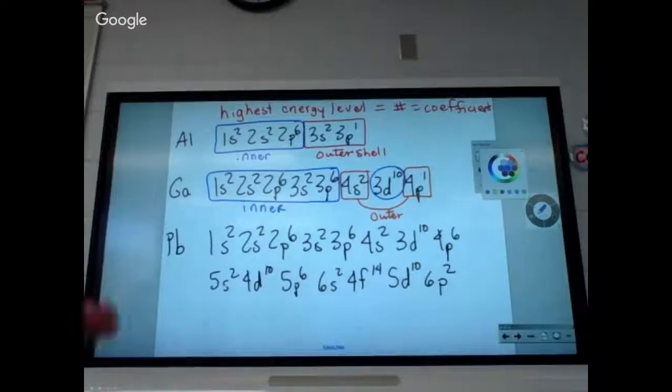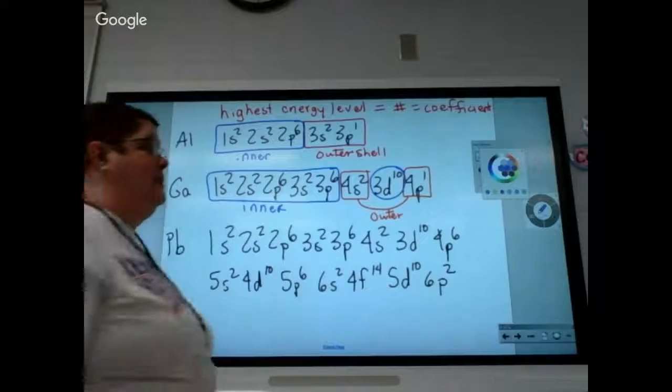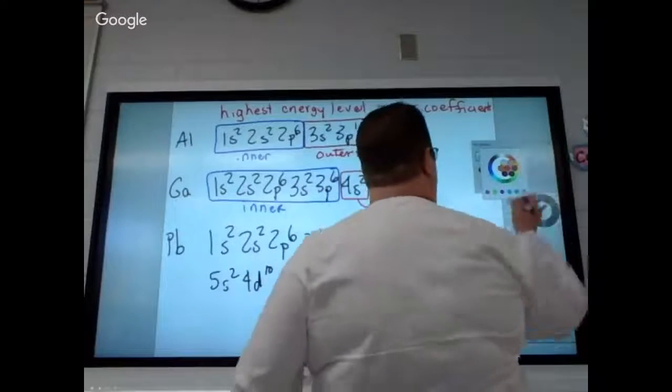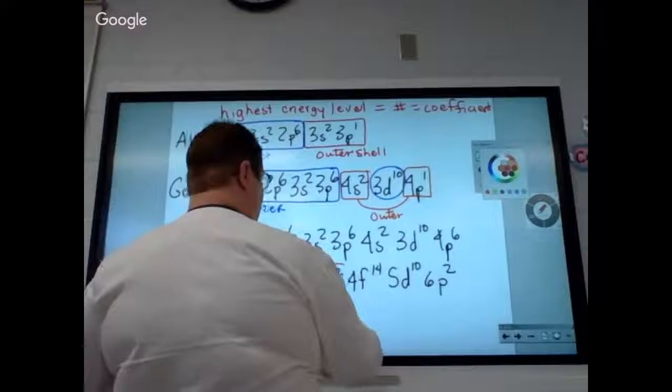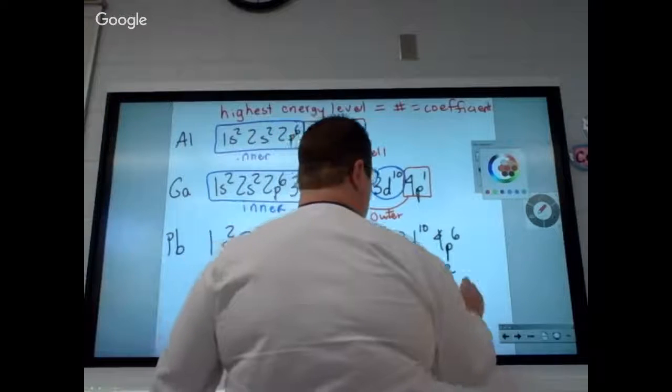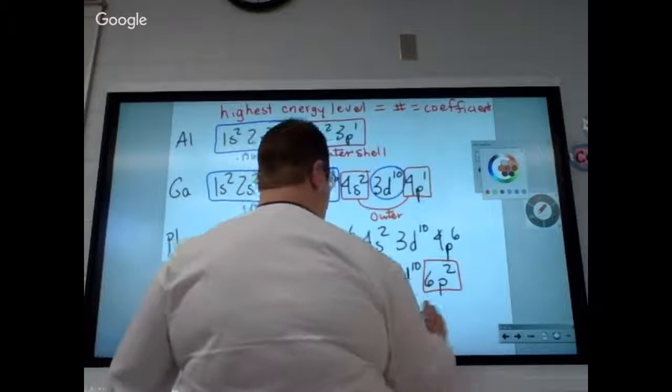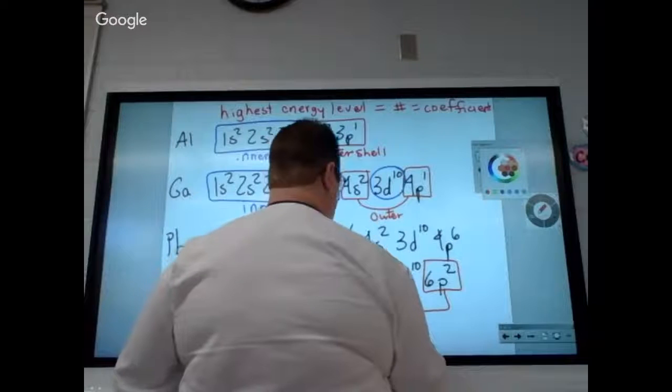Now, it gets even worse with lead. With lead, what's my outer shell? The 6. And you can really see some overlap here because you've got a 6 here and a 6 over here. Those two are part of the outer shell.